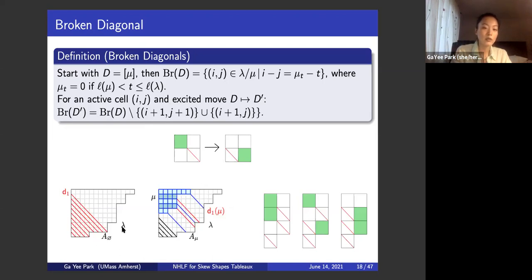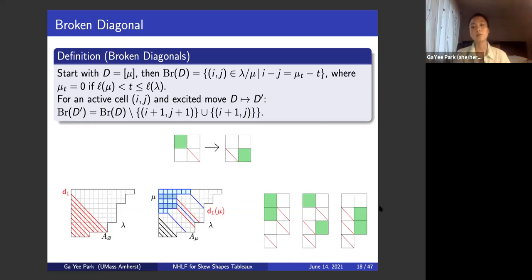And when you're making them into a skew shape, these diagonals get pushed by all the mu's. So these are the original diagonals. And if we were to perform this excited move on, let's say, this corner here and move this blue box down diagonally, then this blue diagonal would be broken into 2 pieces by shifting the segment of the blue diagonal to the left according to this move.